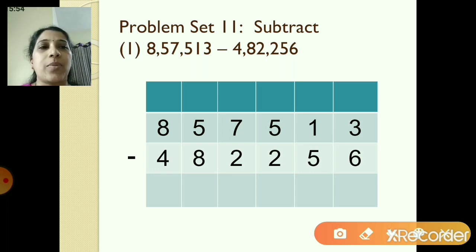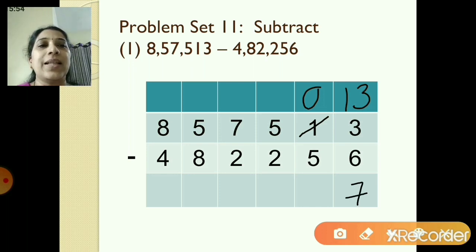So you cannot subtract. So you are going to borrow 1 from the tens place. So in the tens place it will become 0 and in the units place it will become 13. So since you are giving 1 to the units place, in the tens place it has become 0. So 13 minus 6 is 7.